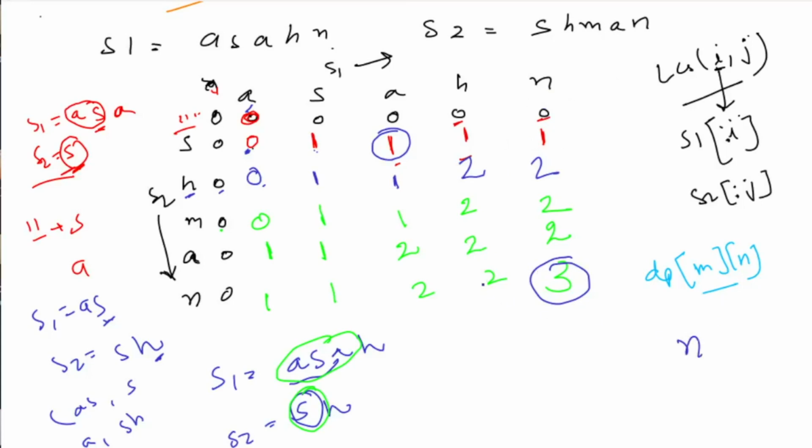That is, initially there was some longest common subsequence for these pair of prefixes, and now we added n to that. That's why the length of longest common subsequence has become 3. So we have included n, so there should be an n in our longest common subsequence.